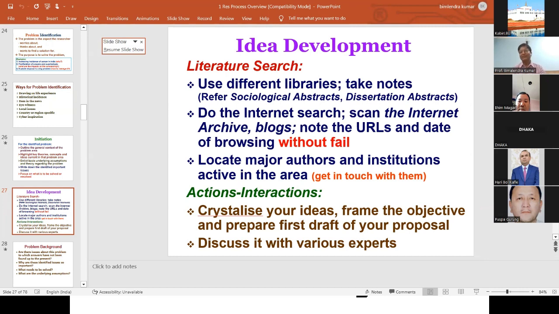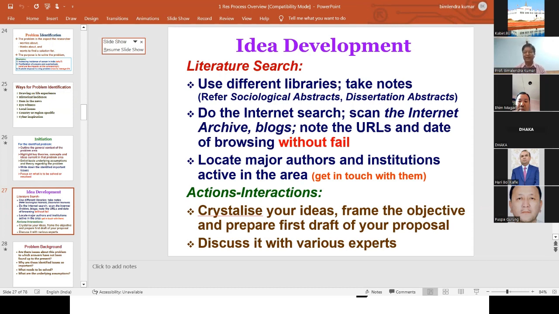We'll see this in a separate class when we discuss the literature review, the sources through which we can get information related with our research. So use different libraries related with Buddhist studies. Take notes, refer to sociological abstracts, dissertations, and abstracts.